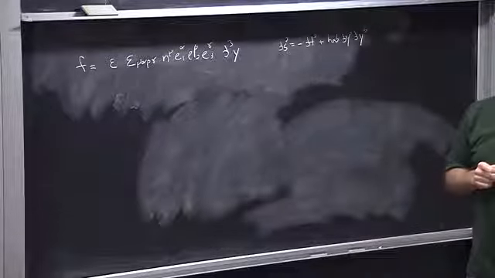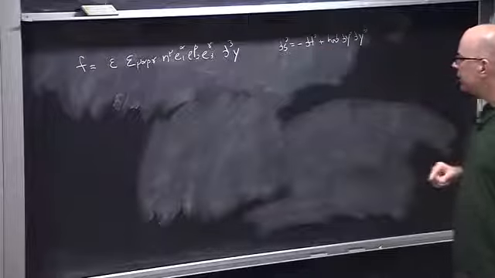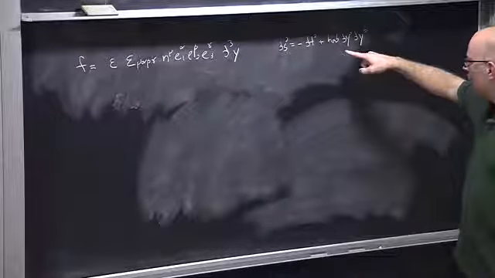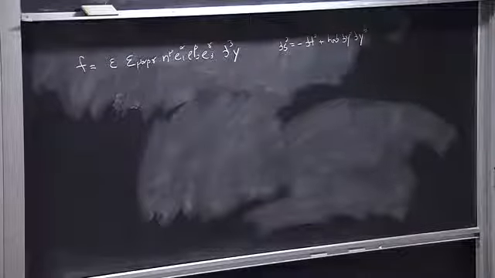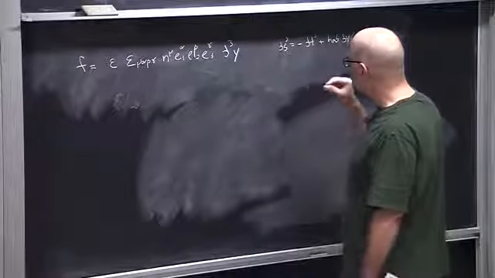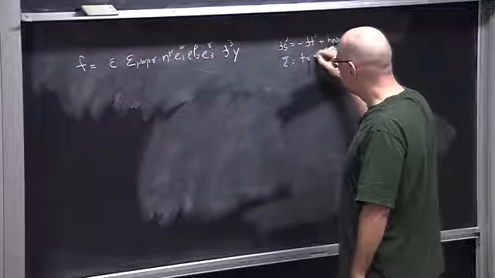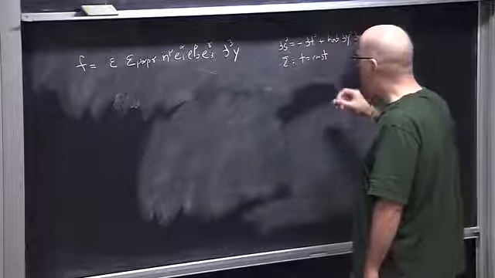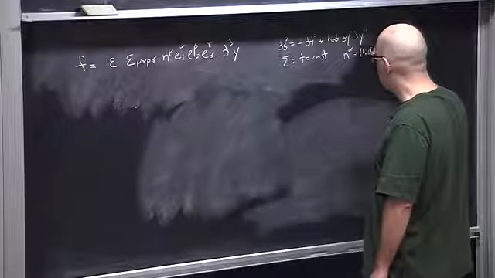And for the sake of this illustration, I'm taking this to be a space-like surface. This is the orthogonal, it's a space-like surface, this surface of constant t. So my hypersurface is a surface of constant t. And the normal to that is going to be a vector that points in the direction of t.